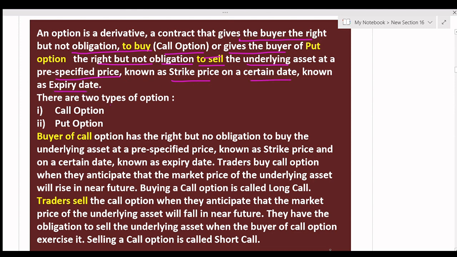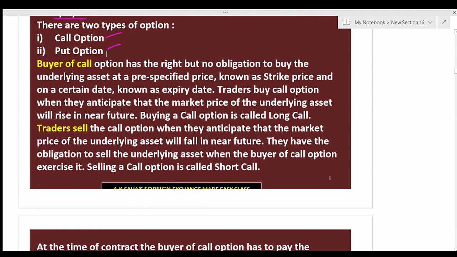There are two types of option, call option and put option. The buyer of a call option has the right but no obligation to buy the underlying asset at a pre-specified price known as strike price and on a certain date known as expiry date.